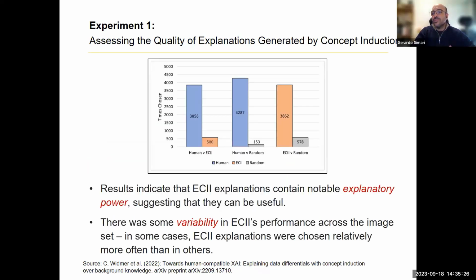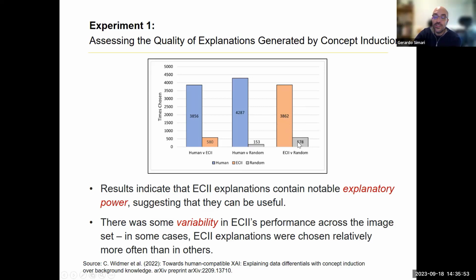So the results, it was pretty clear that the human explanations were much better than the ones produced by the algorithm, but it was also clear that the random explanations were also not very good. So the explanations produced by the algorithm were much better than the random.